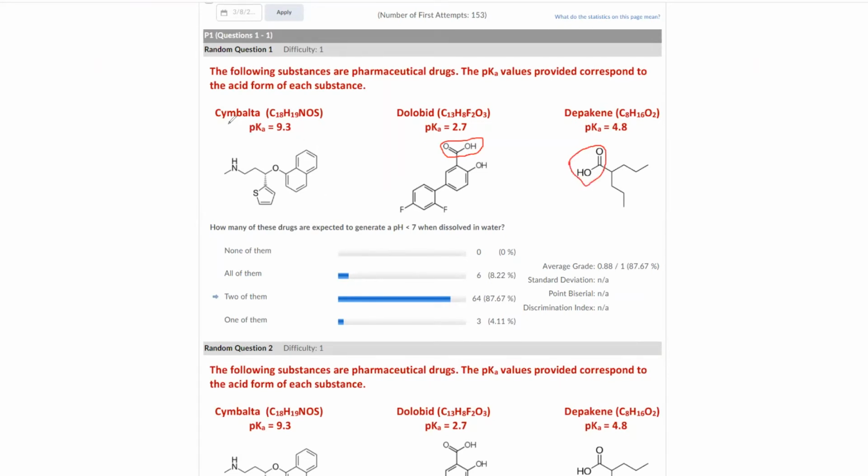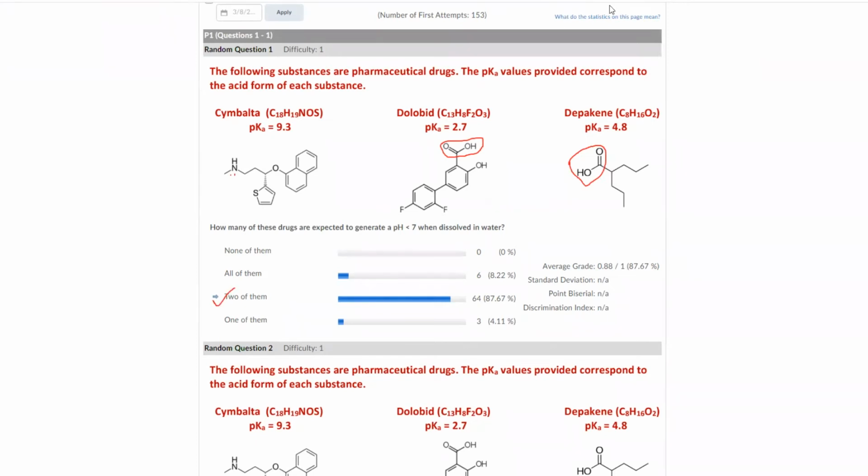The first molecule, Cymbalta, does not have a carboxylic acid group. It has only this amine group over here, which makes it a base. So both Dolobid and Depakine will produce an aqueous solution which has a pH less than 7. Therefore, the correct answer for this question is 2 of them.